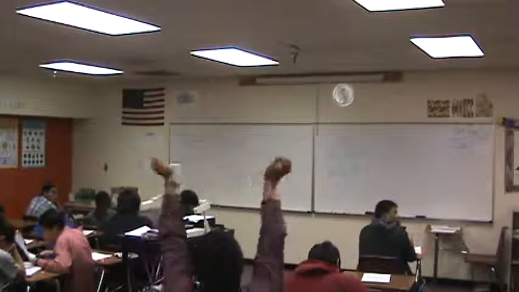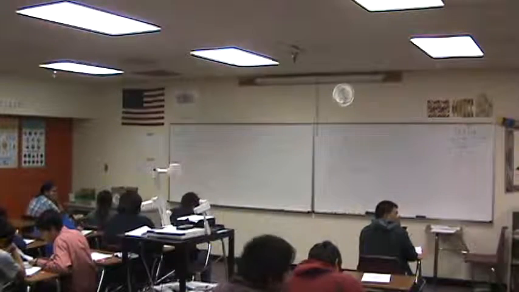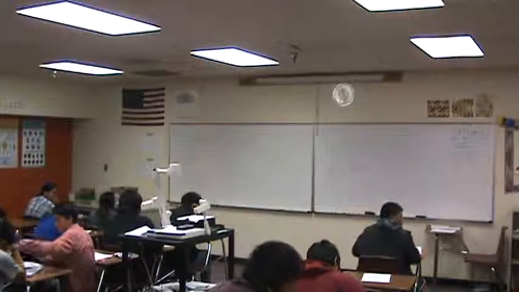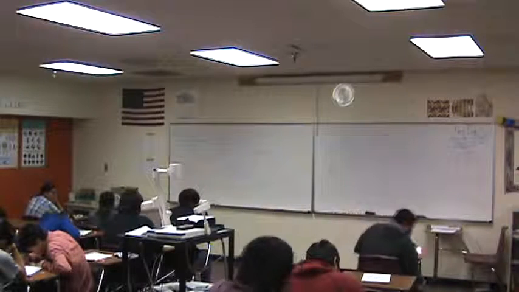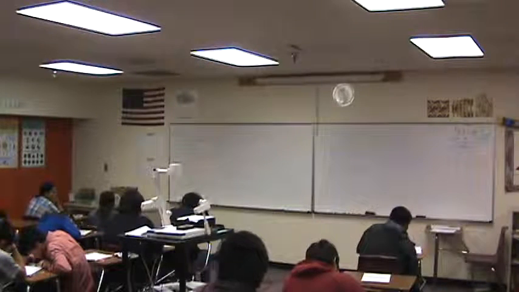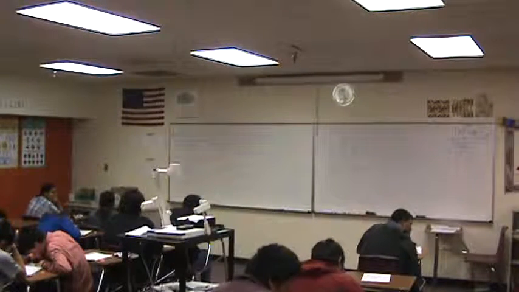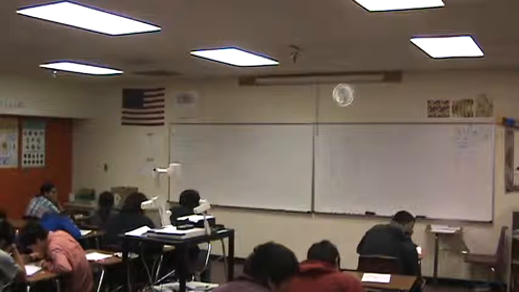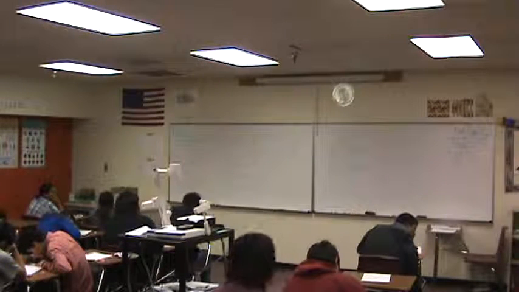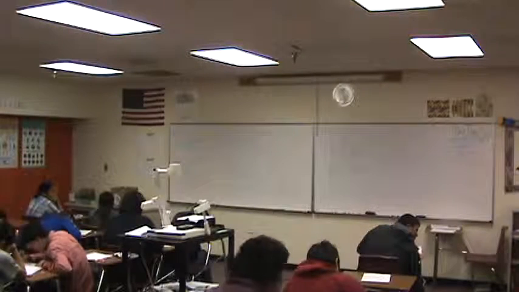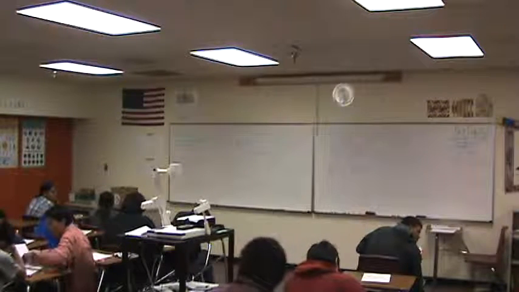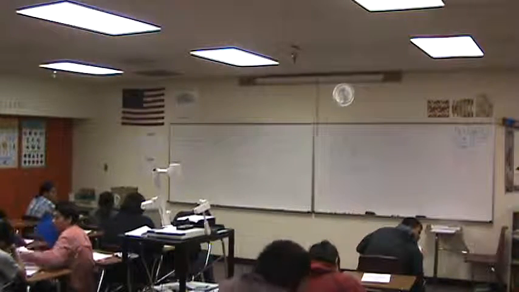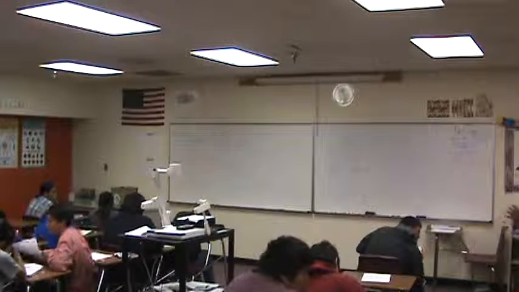For the big triangle. Oh, B. This is 60, 60, so that's one side. Two and two. So now we know these are 30, right? So this is one. All right, you got it now.